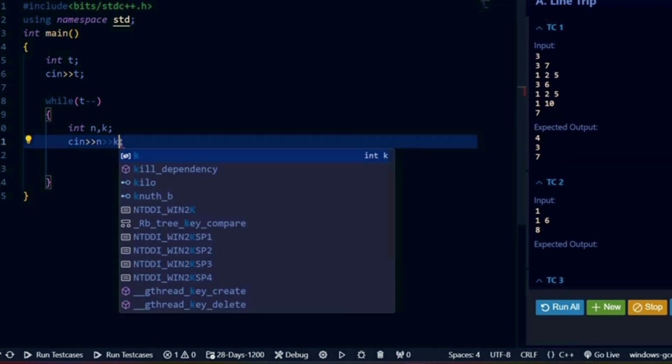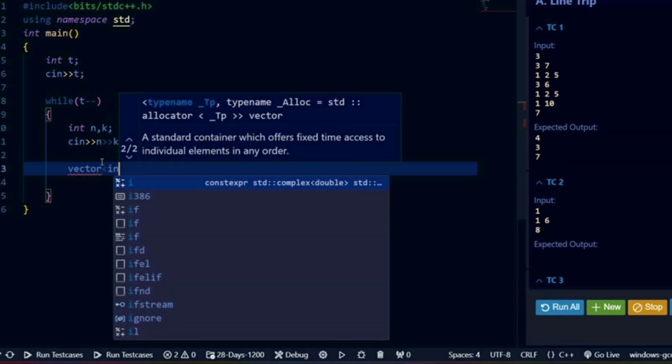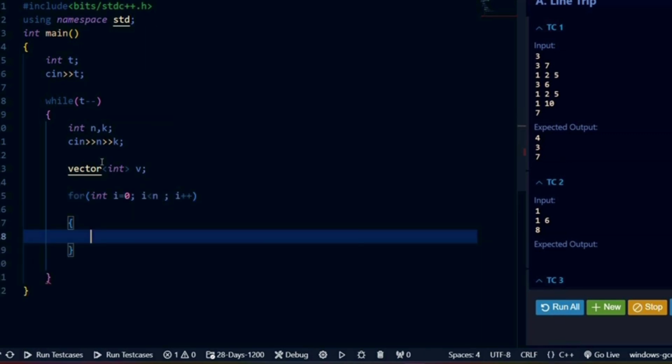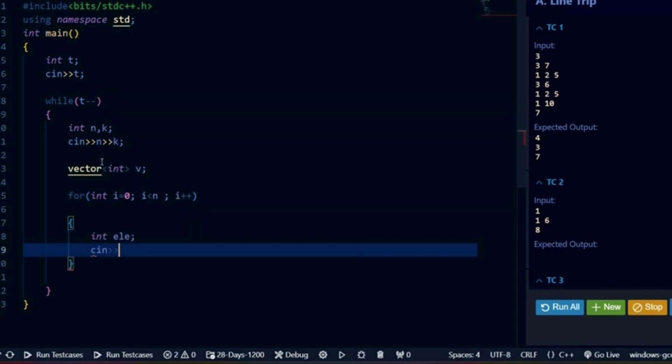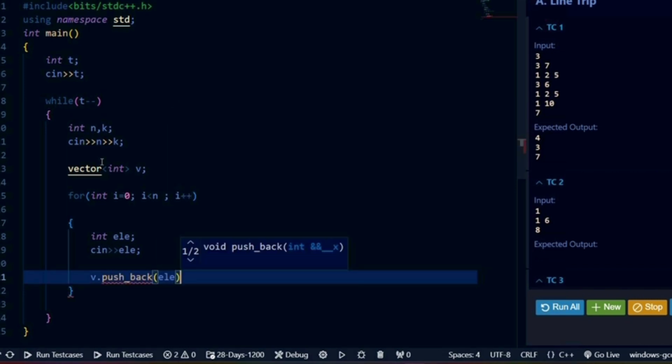Also this is caps. Now I am declaring a vector which will store my inputs. Then push underscore back.